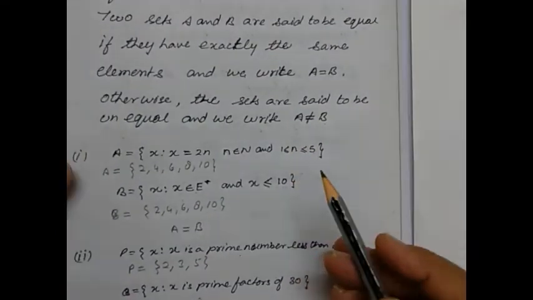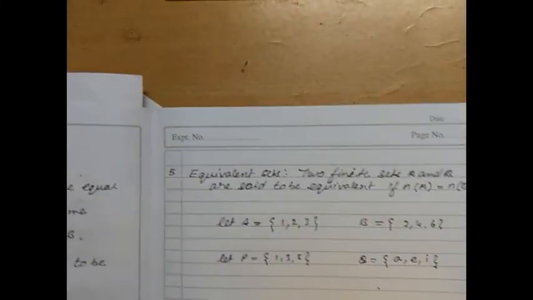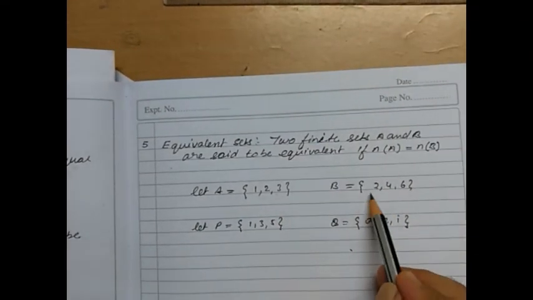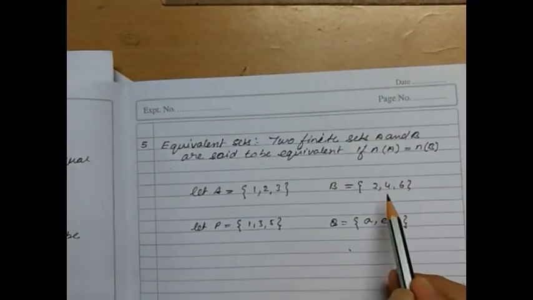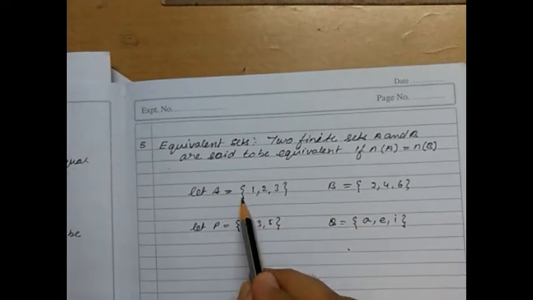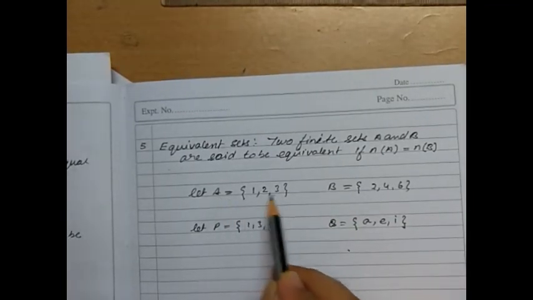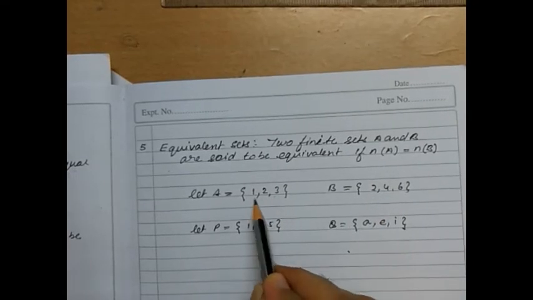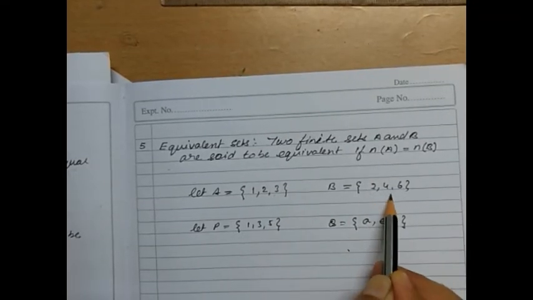Now what will happen if we have the case, say A is 1, 2, 3 and B is 2, 4, 6. Here both sets have the same number of elements, but not all the elements are the same.